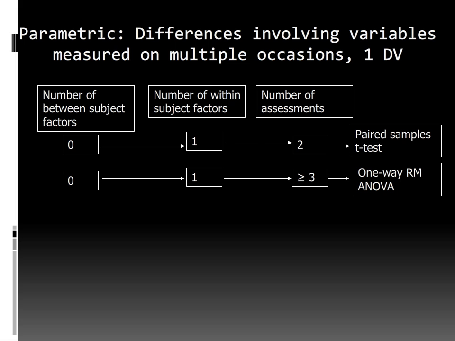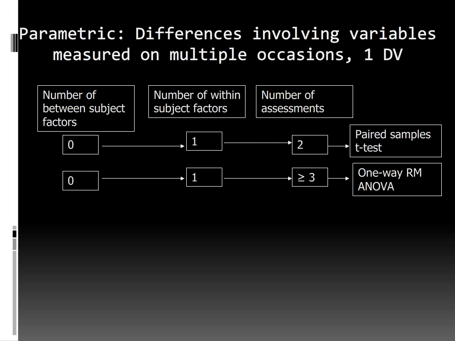An example of when it would be most appropriate to use a repeated measures analysis is as follows. If you are assessing athletes' competitive anxiety 2 hours before competition, 1 hour before competition, and 30 minutes before competition, your within subject factor is your independent variable, and that is the factor that distinguishes measurements made on the same subject.